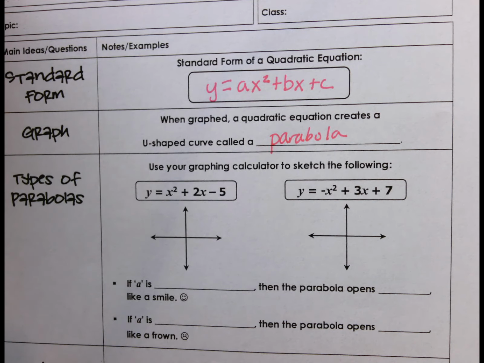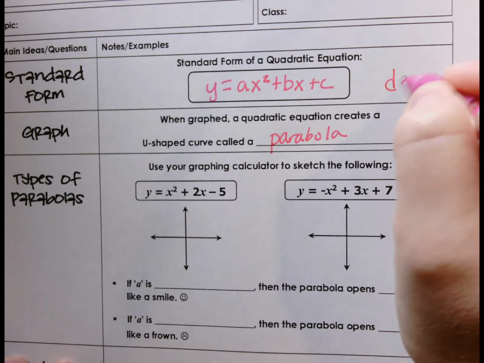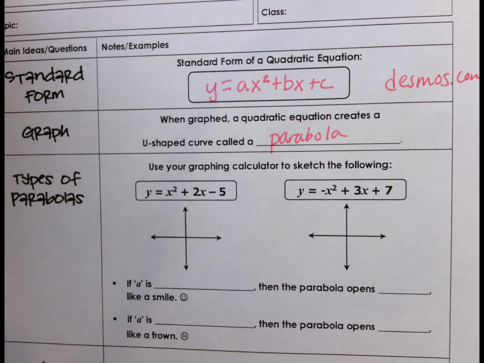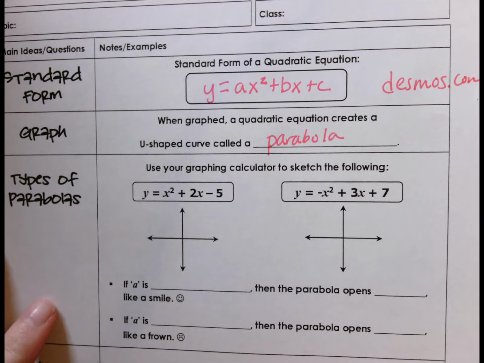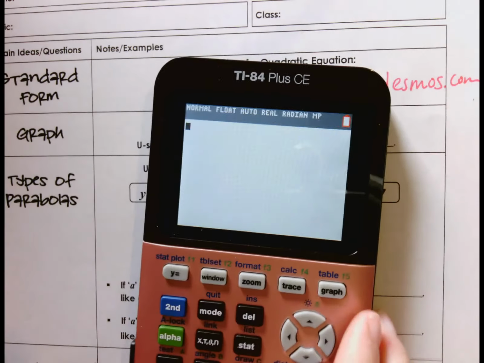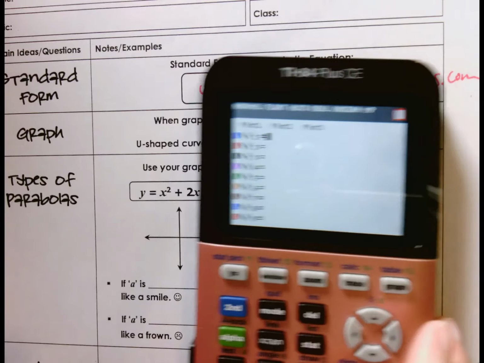We're going to do that on our calculator, and you can use Desmos to do this, desmos.com. Remember we talked about Desmos before. Desmos is where you can go and type it straight in and it will graph it for you. So we're going to go to our y equals.